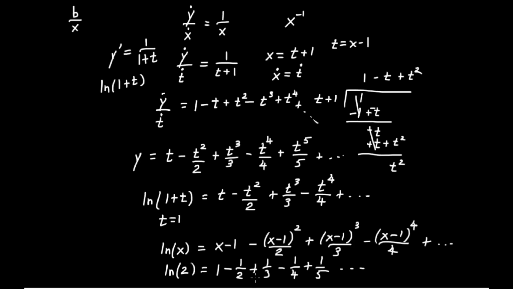That alternating series where the denominator increases by 1 unit each time. This series here, if it converges, which I haven't proven that this actually converges, converges to the natural log of 2. And that's a very famous series there, but you can see how easily it's derived from this whole power series stuff.